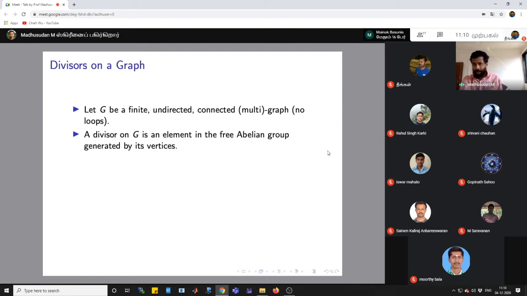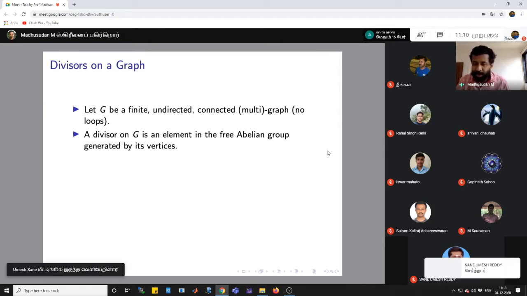Okay. And now, what is a divisor on a graph? A divisor on a graph is an element in the free abelian group generated by its vertices. Okay. So what does that mean?